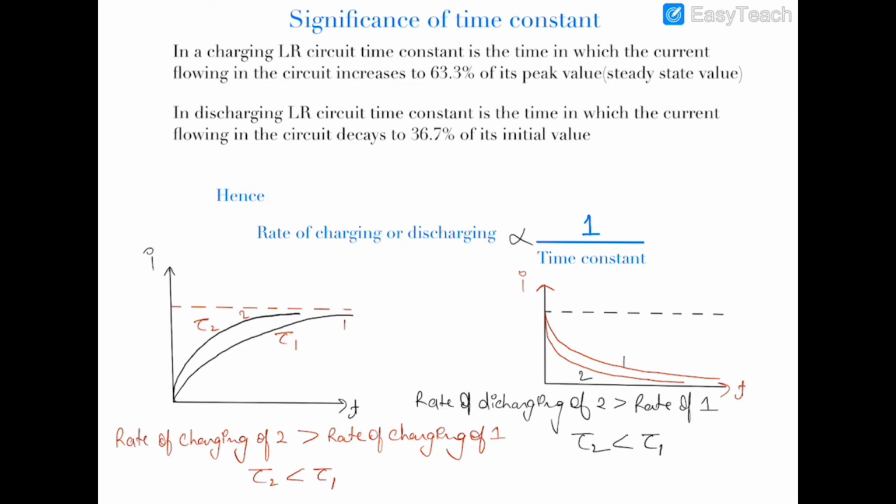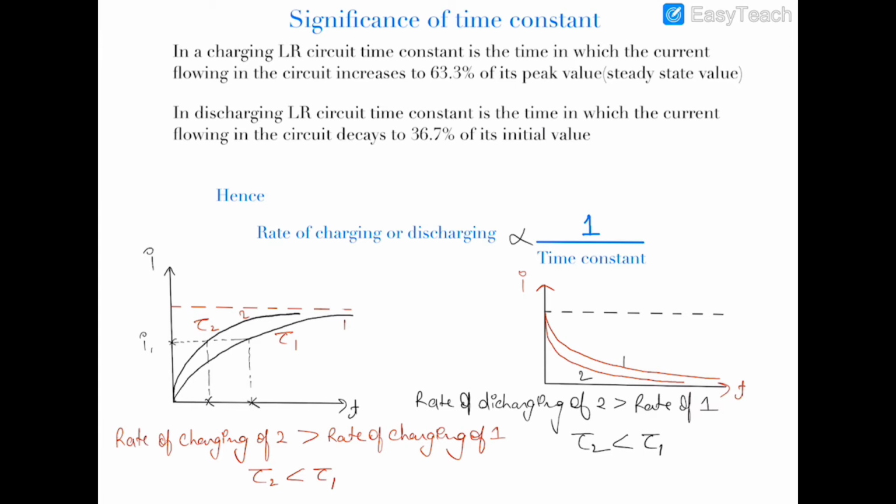How can I say this? Let's suppose this is a value of current, I1. You can see that this I1 is achieved by graph 2 in a lesser time, and this I1 is achieved by graph 1 in a greater time.